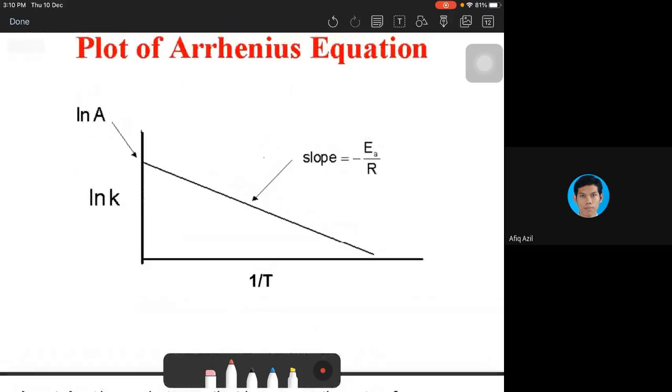So in another plot, ln A is the intercept and the slope is negative Ea over R. So you can actually calculate the value of Ea.